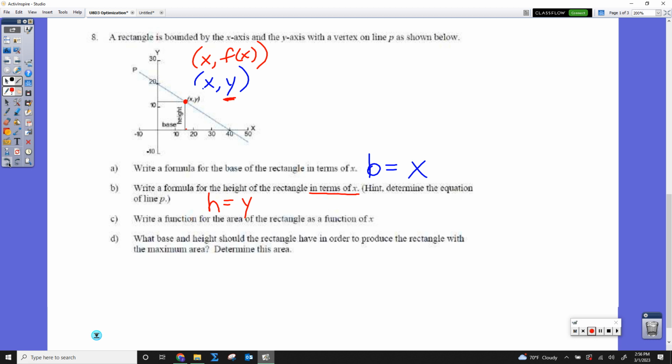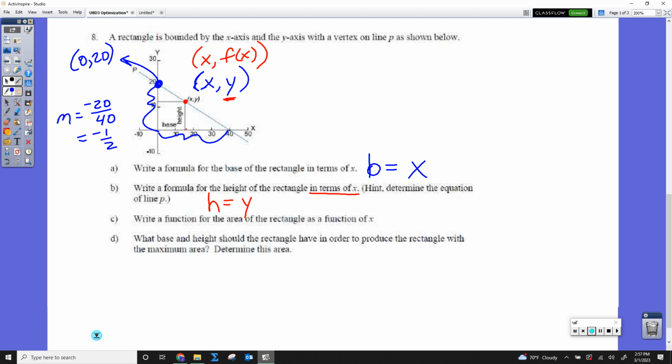So if I look at this line, it's x comma y. I'm going to erase it and fix that. If we're trying to find the equation of a line, the first thing to do is look at the slope. We're going down 20, and then to the right 40. So our slope would be negative 20 over 40, or negative 1/2. And the point we're given, 0 comma 20, is our y-intercept.